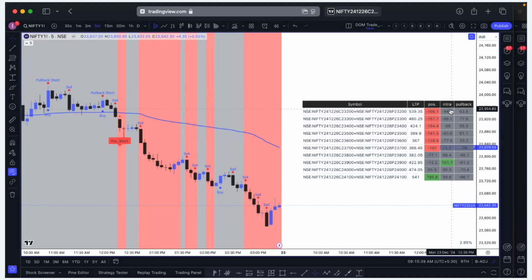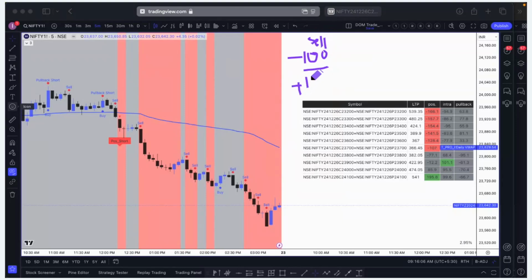Whenever any straddle from the sell side, below minus 100, goes above plus 60, then you have to be very careful that this particular straddle is going to buy mode. Minus 100 is sell.